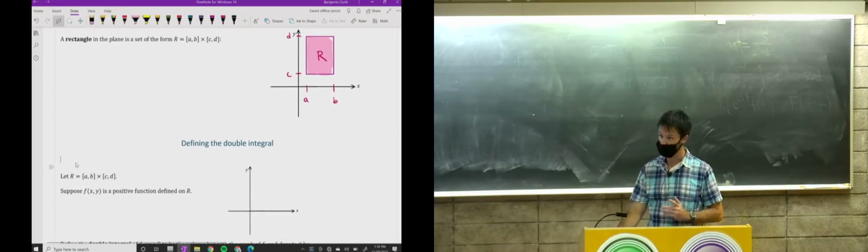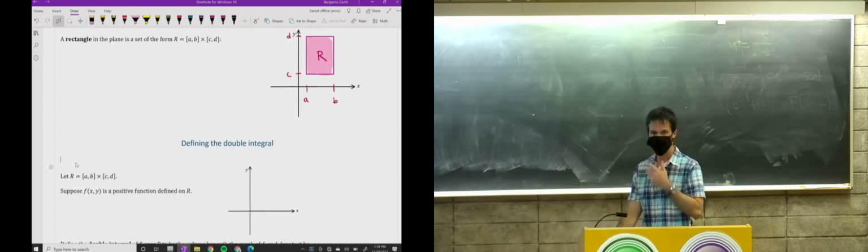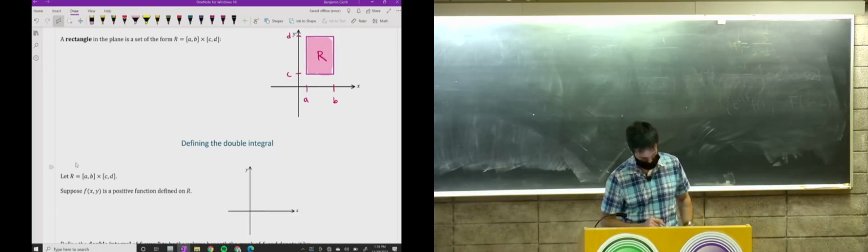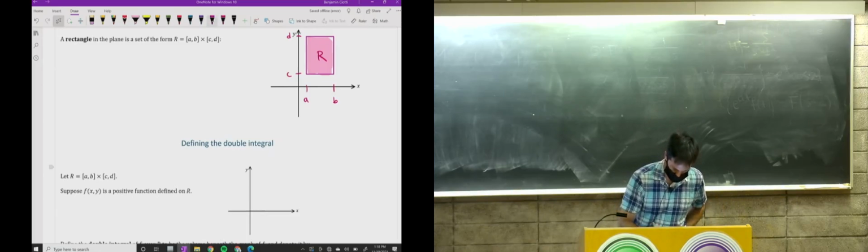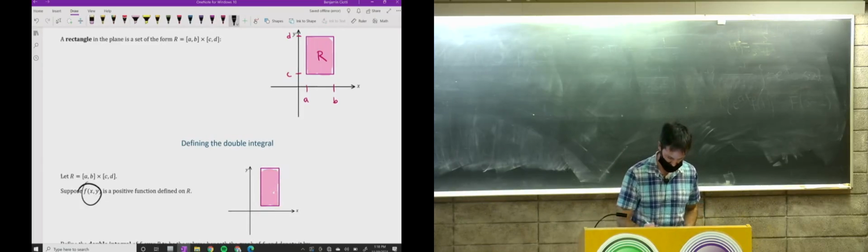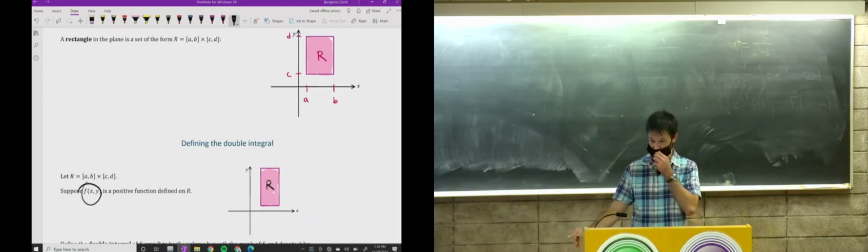So first, let's suppose that we have some rectangle R in the xy plane, like the rectangle that I just drew, actually. Okay, so here's some rectangle. And suppose that we have a function of two variables, f of x, y, which is defined on this rectangle.